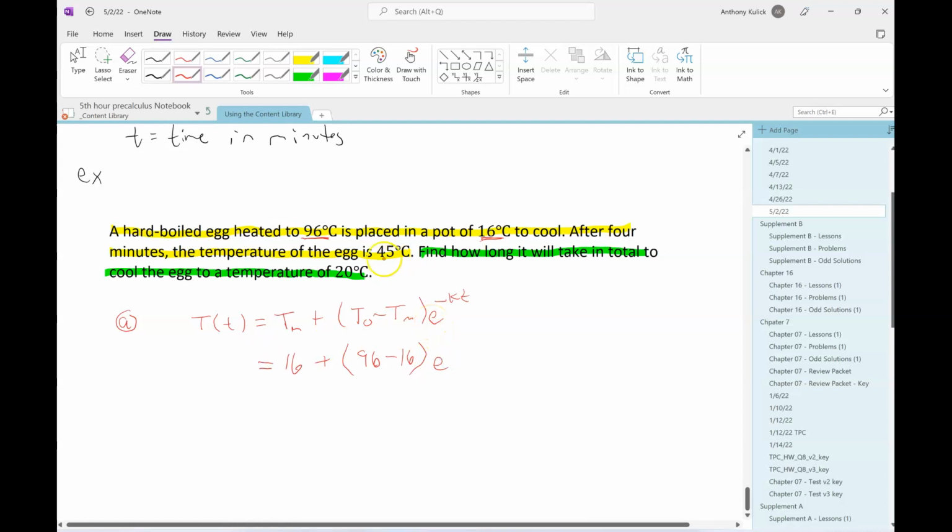Okay. And we have 4 minutes. What's that going to be? The little t. And what's the 45 degrees? That's the T of t, right? That's the temperature it is after those 4 minutes.